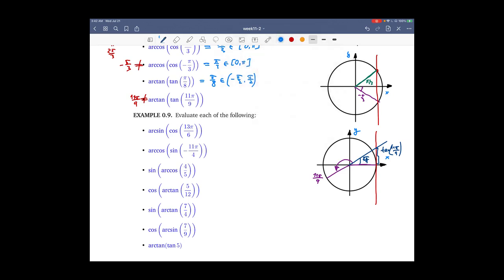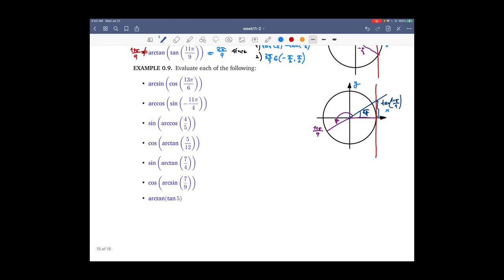So that gives us the right answer, 2 pi over 9, since tangent of 2 pi over 9 is the same as tangent of 11 pi over 9, and 2 pi over 9 belongs to the interval negative pi over 2, pi over 2. All right.